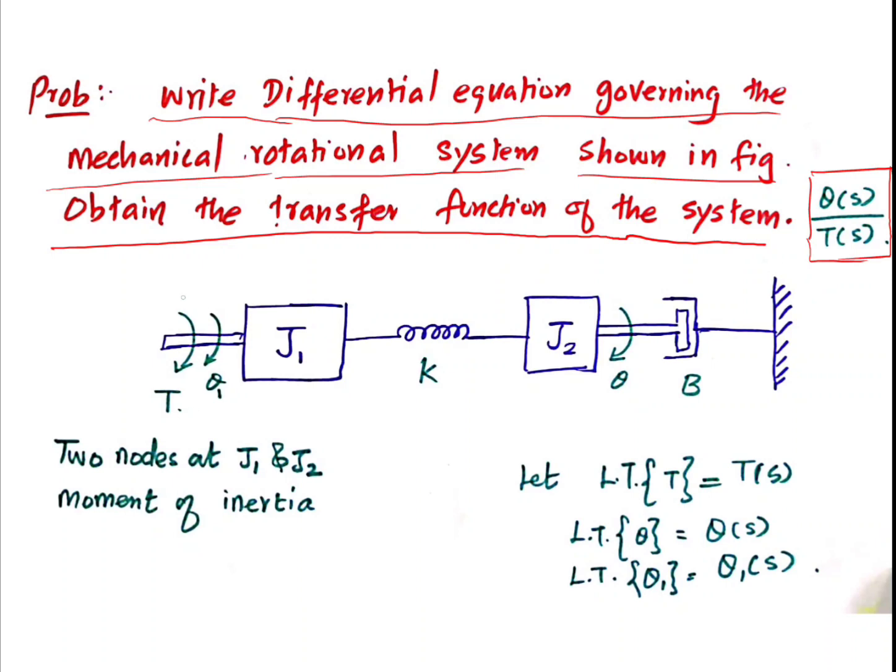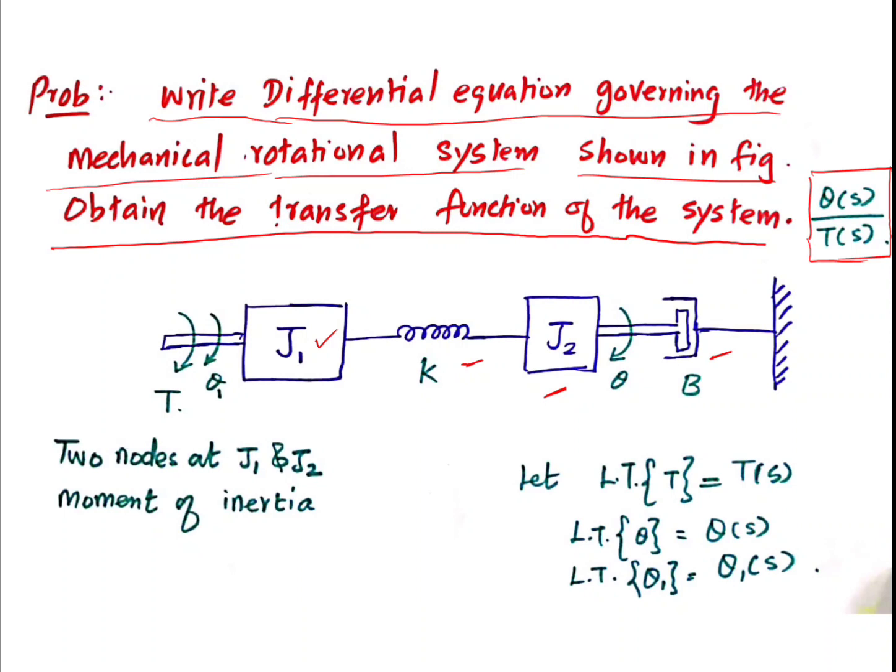A torque is applied at one end of a mass element with moment of inertia J1, then a spring is connected, then again a mass element, and then it is connected with a dashpot. The dashpot is connected with the reference, and I have mentioned the parameters related to each and every element and also the torque.